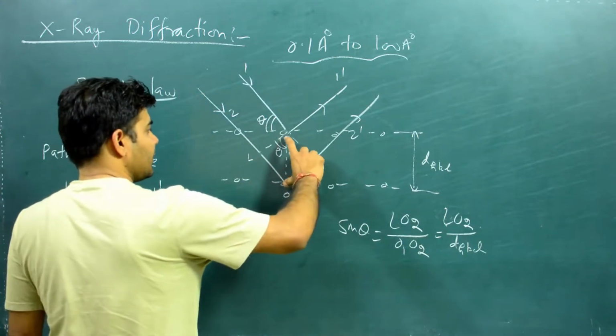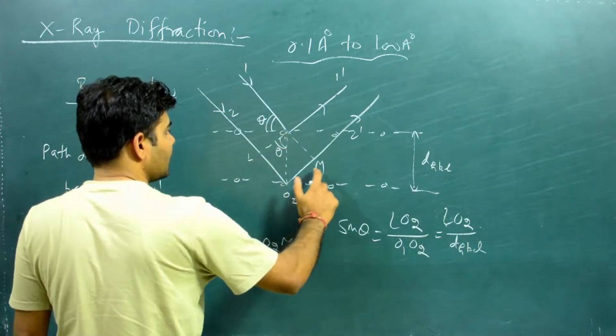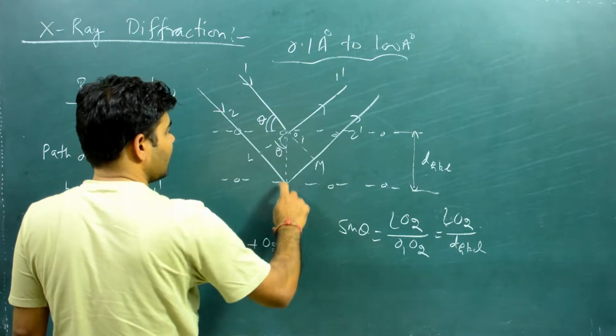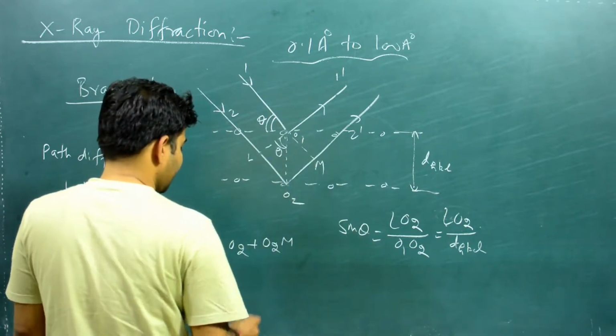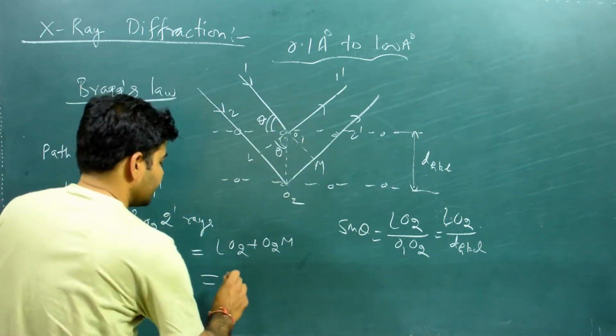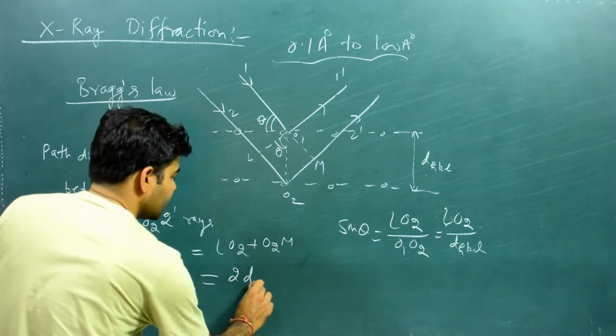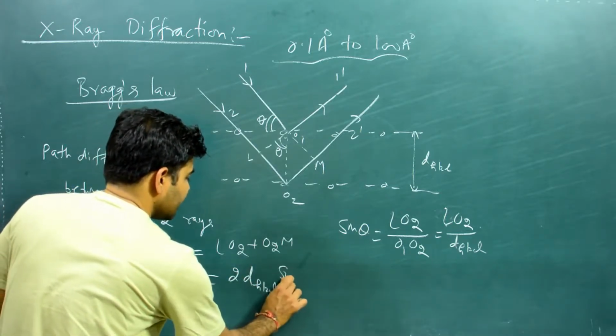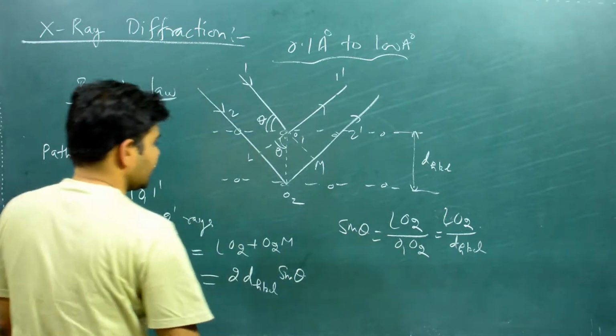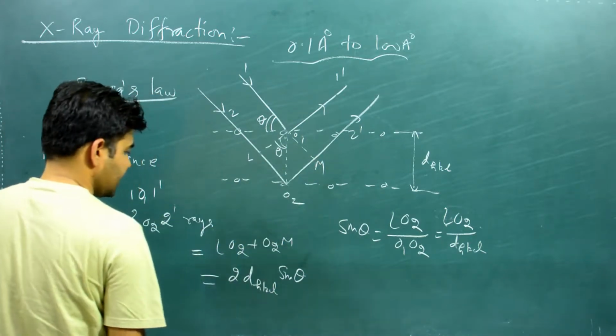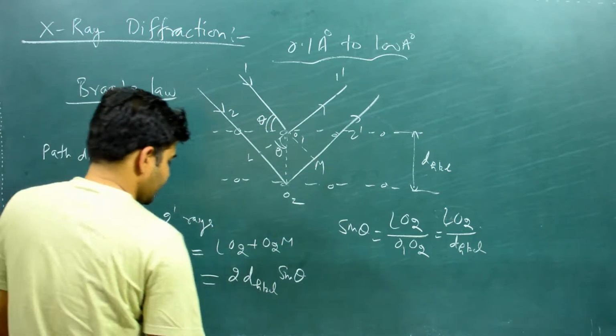Similarly, if we see the triangle O1, O2 and M, we get the same thing. So the path difference is basically equal to 2 d_hkl sin theta.